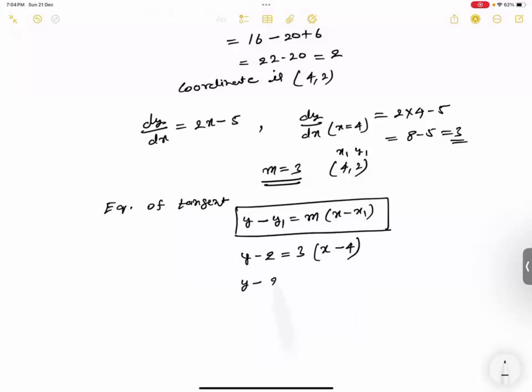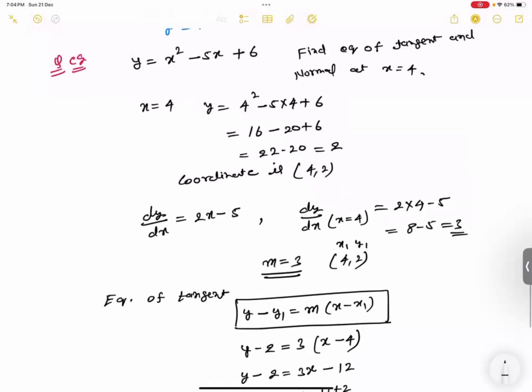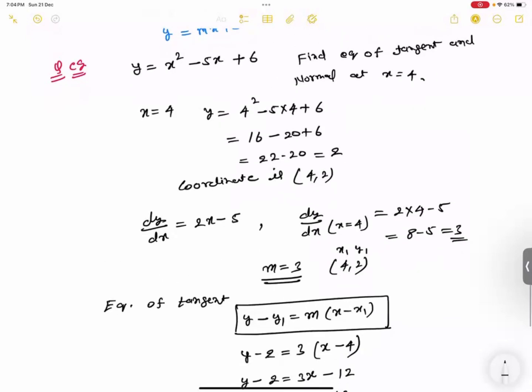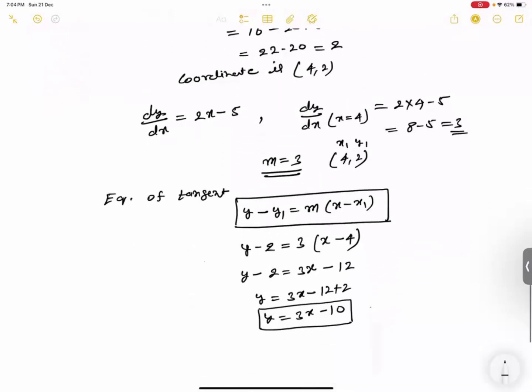Let's solve it. y minus 2 is equal to 3x minus 12. So y is equal to 3x minus 12 plus 2, and y is equal to 3x minus 10. This is the equation of the line which is the tangent of the given curve at a particular point. What is that point? 4 comma 2. That's the tangent equation.